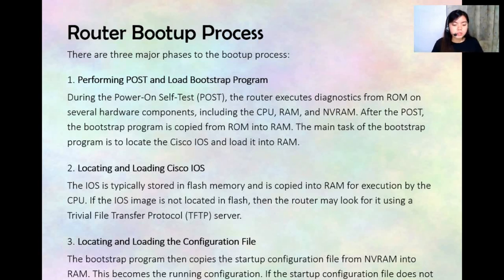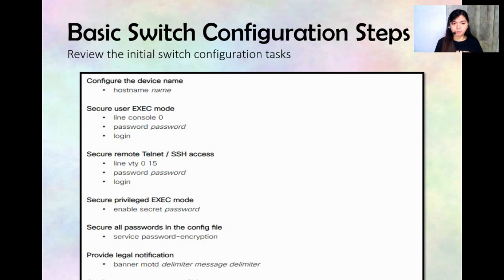The bootstrap program then copies the startup configuration file from NVRAM into RAM. This becomes the running configuration. If the startup configuration file does not exist in NVRAM, the router may be configured to search for a TFTP server.